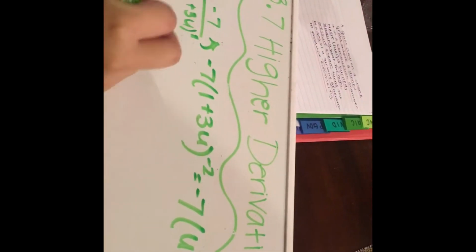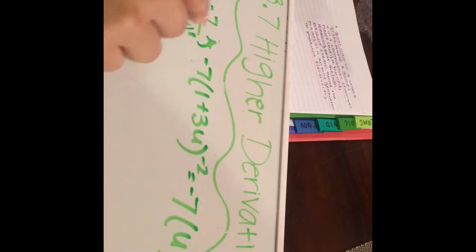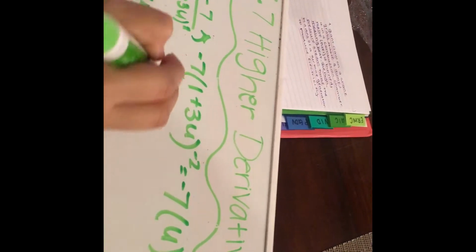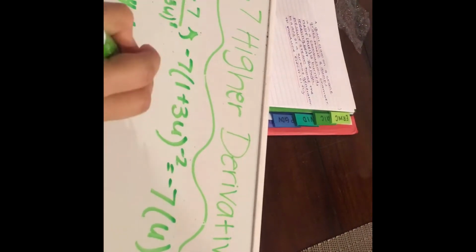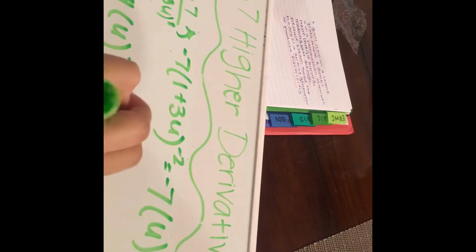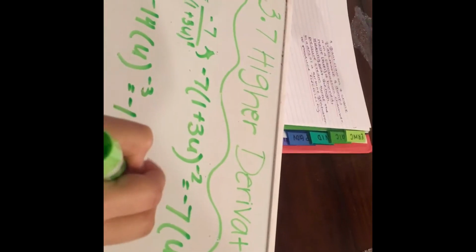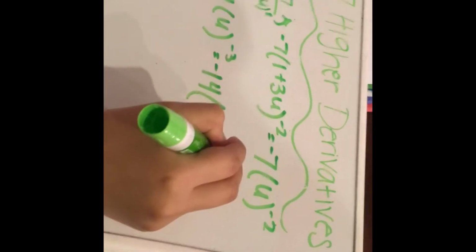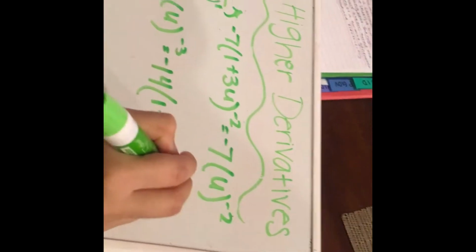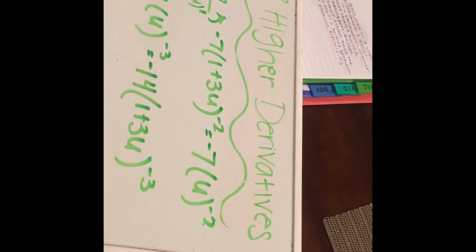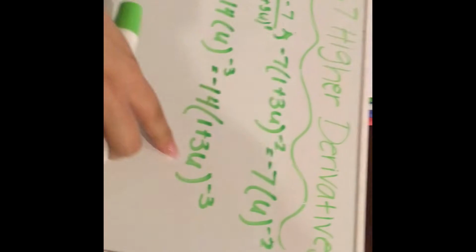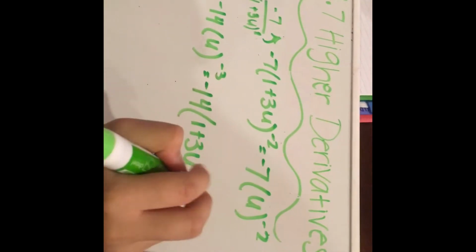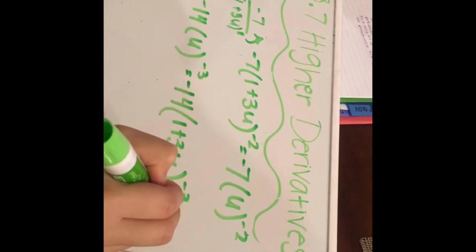So that'll get us -14u to the -3. But we're going to put this in here now: -14 times 1 plus 3u to the -3. And now we have to take the derivative of u and multiply it, so that's times 3.